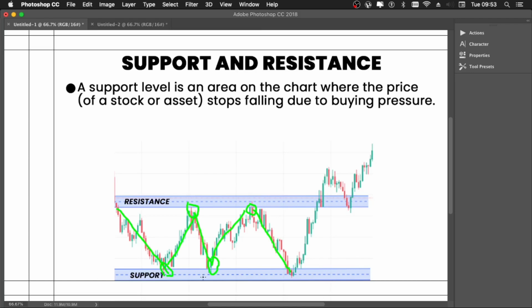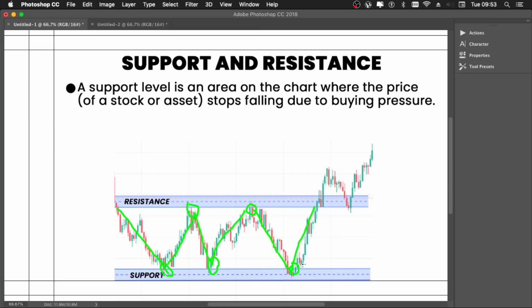No, a support is an area, not just a single straight line. Price started rejecting the zone and bounced off, so we could make buying entries right here on this support zone.